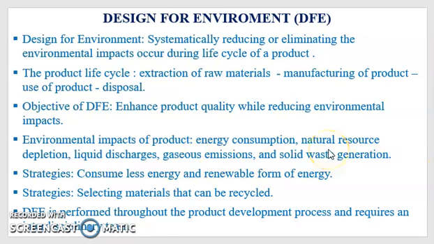These impacts would be categorized according to the energy and material associated with the manufacturing process. Energy problems can be solved by developing products that consume not only less energy but also use renewable forms of energy. Material problems can be solved by selecting materials for the product that can be recycled.